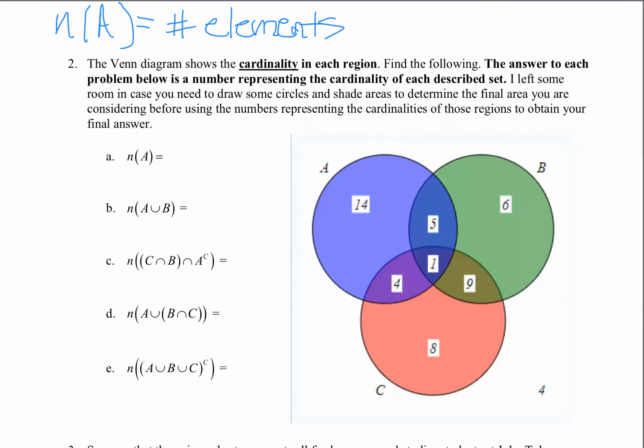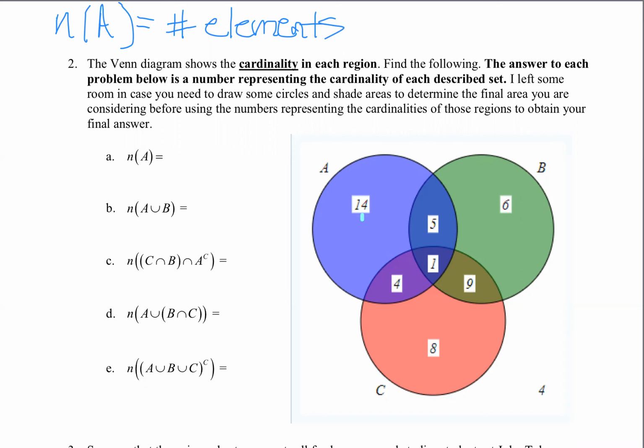So this Venn diagram is not showing you numbers in it, it's showing you the actual amount. So there are 14 elements in just A. There's 4 elements in A and B, 1 in all 3, and so forth. Hold on, I think I just deleted something.